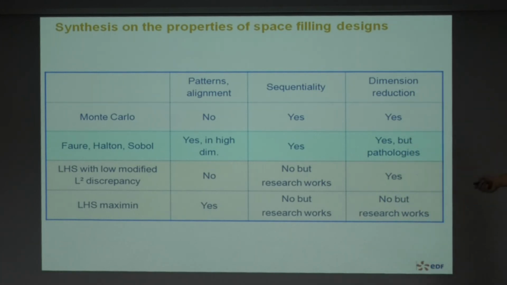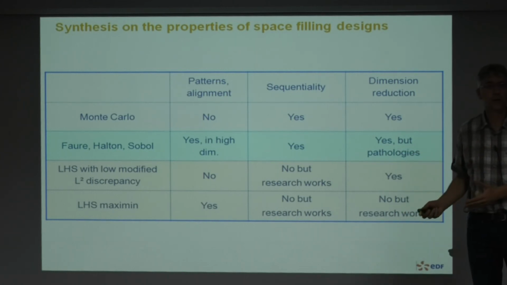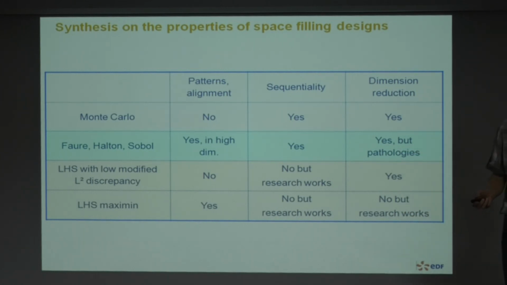It's very interesting, this property is that when I have n points, I compute my code with the n points, but maybe I find that it's insufficient. So I want to add n new points. And so it's interesting to have the n following points. Okay? And with this kind of structure, we don't have this property. We have no, but we try to do it, actually, in some research works.